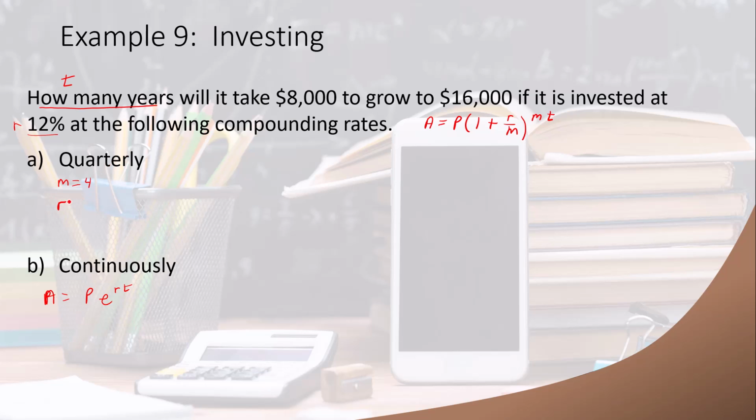And r is equal to 12% divided by 100, which is equal to 0.12. And of course we have that A is $16,000, and P is $8,000.